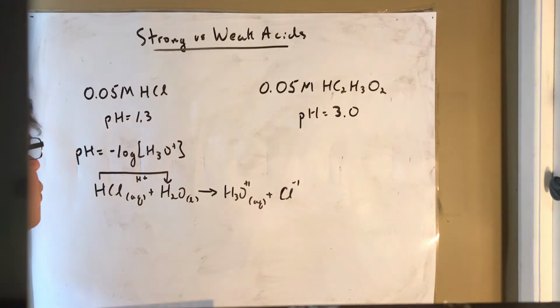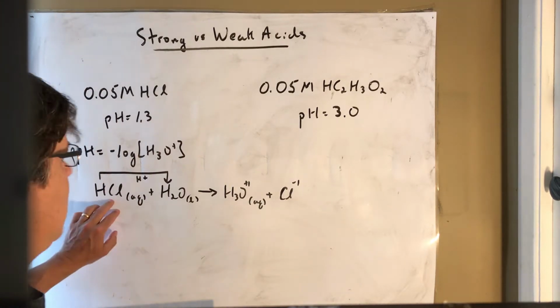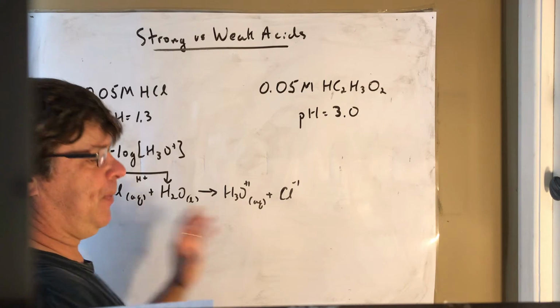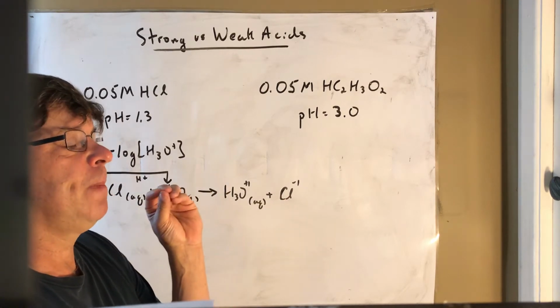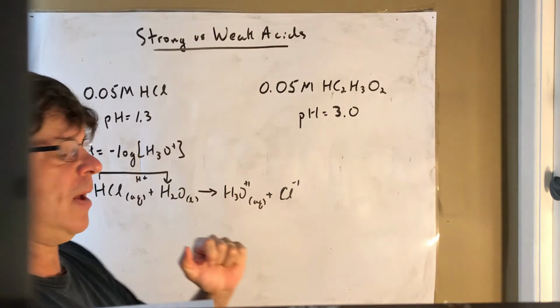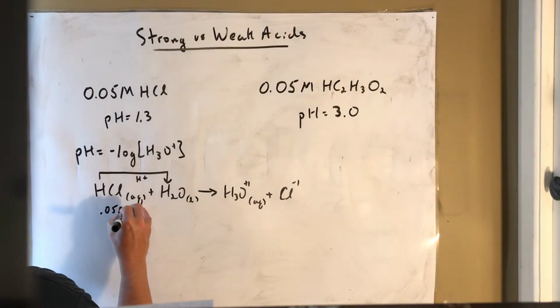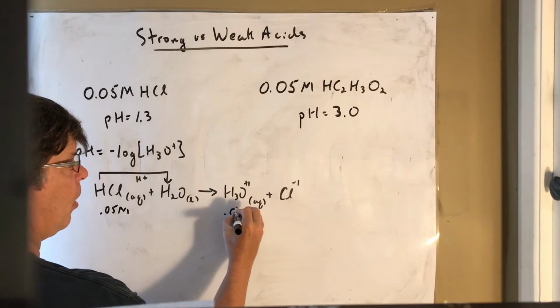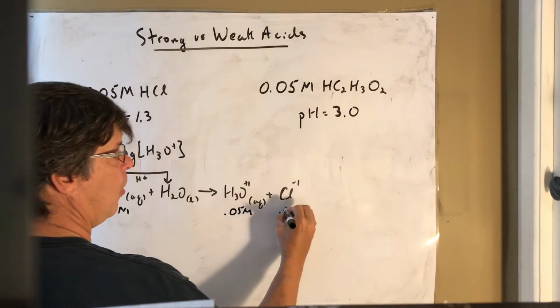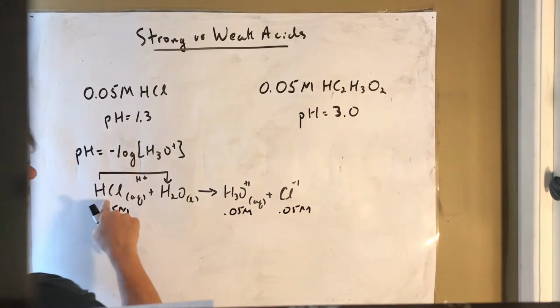Now, what strong acids do, they donate all their hydrogen ions. So if this is 0.05 molar, this is also 0.05 molar, and this is also 0.05 molar. For every one of these, we'll get one of those.